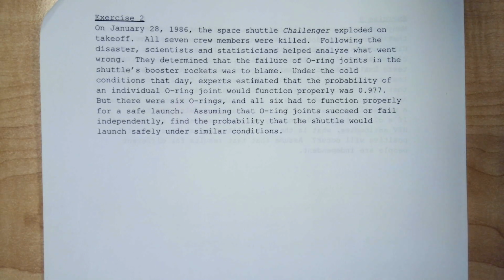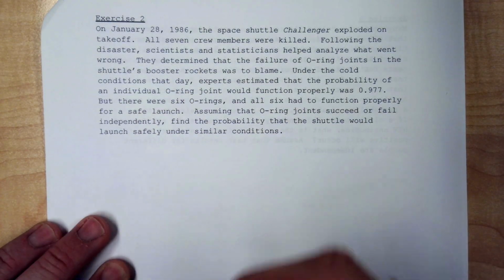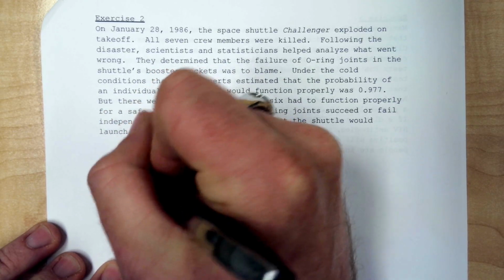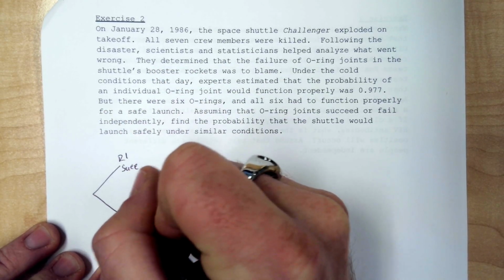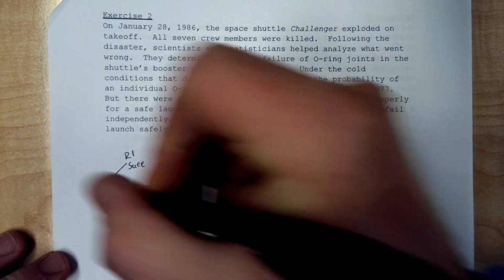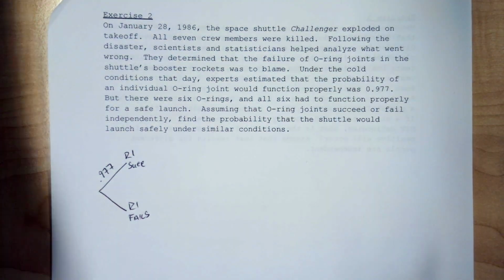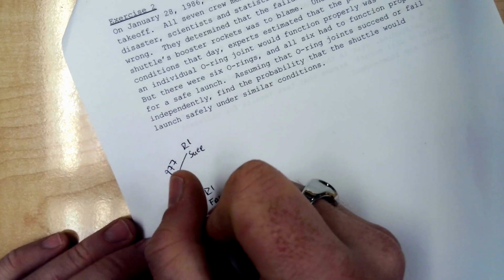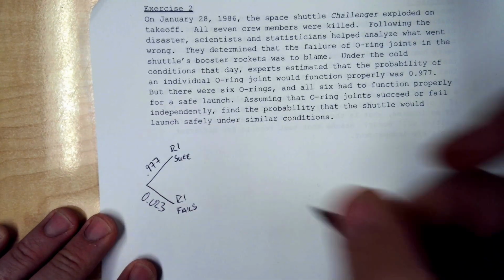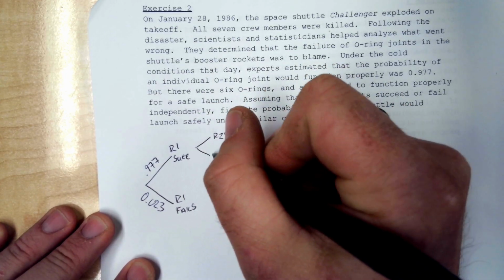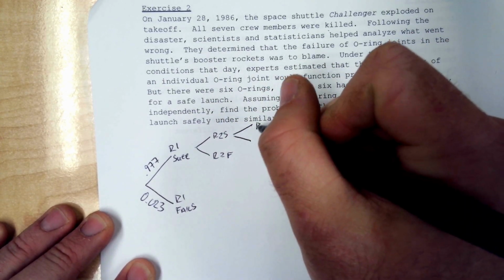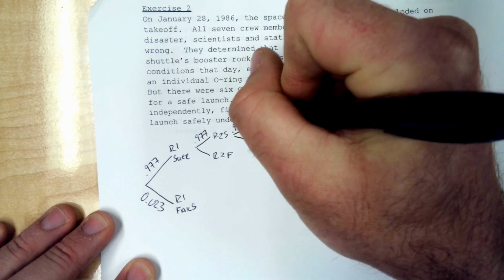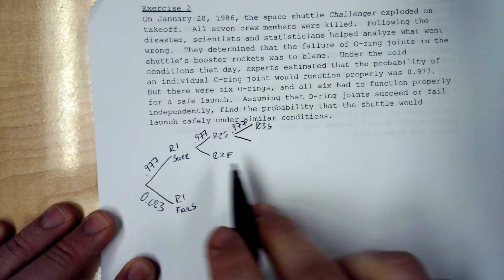So for the probability that they launch safely, we could do a giant tree diagram where ring 1 succeeds or ring 1 fails, where there would be a 0.977 chance of success, and then 1 minus 0.977 would be a 0.023 chance of failure, and then we would go to ring 2 succeeding, ring 2 failing, from there ring 3 succeeding, again with our 0.977s all along the branch, all the way up to ring 6.